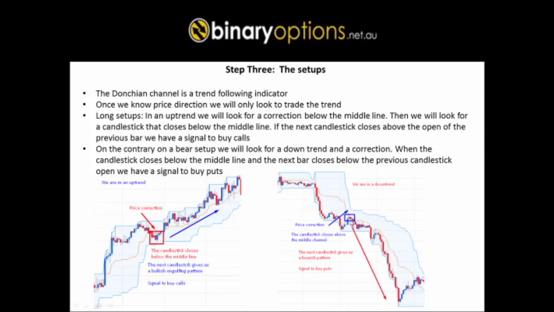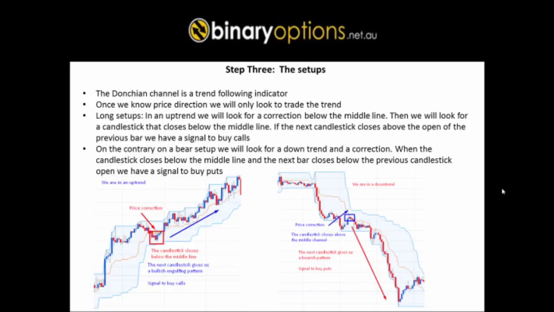So it is very simple to use Donchian channels, but you have to be very careful on the setups that you choose to trade, because you might get some setups that are actually reversals.